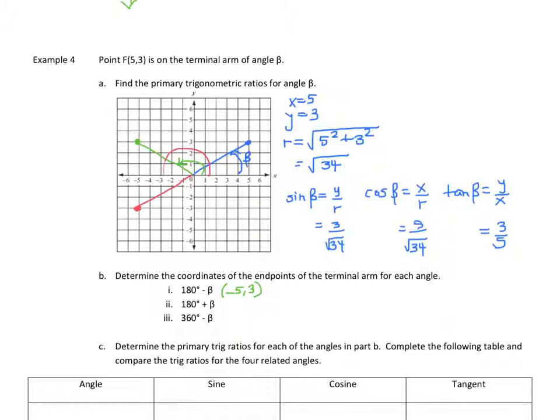So the one I'm marking in red would be the angle 180 degrees plus beta. And a point on that terminal arm would be negative 5, negative 3.